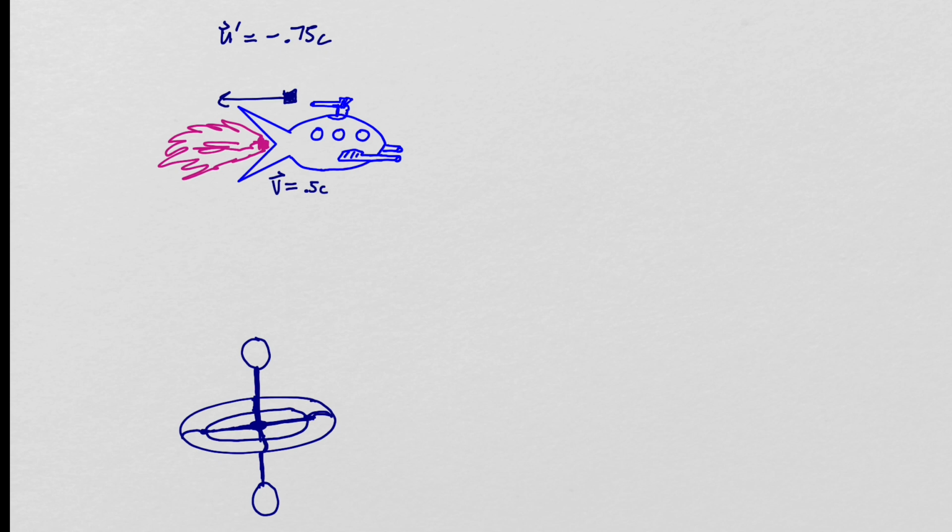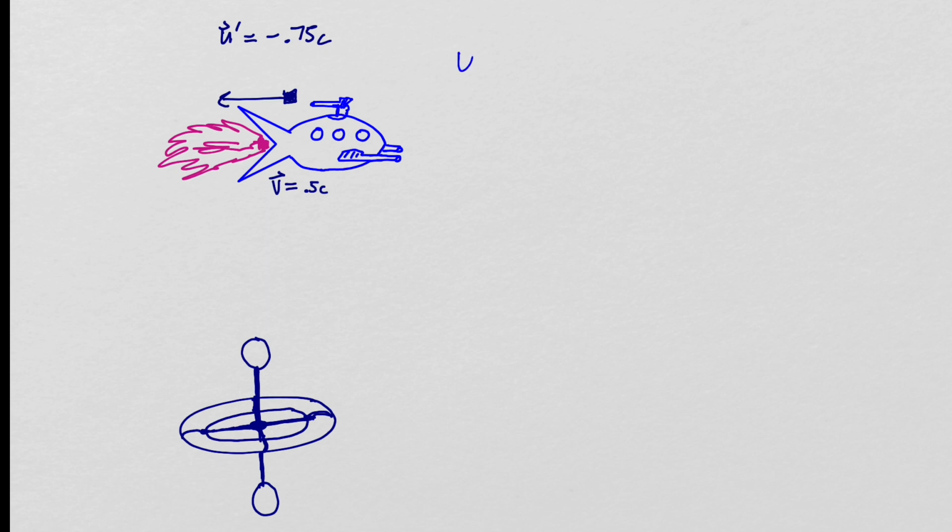If the space station was looking at this bullet, what would it see? What's interesting is that in Newtonian mechanics, this would just be going to the left at 0.25 c, but that's not the answer.